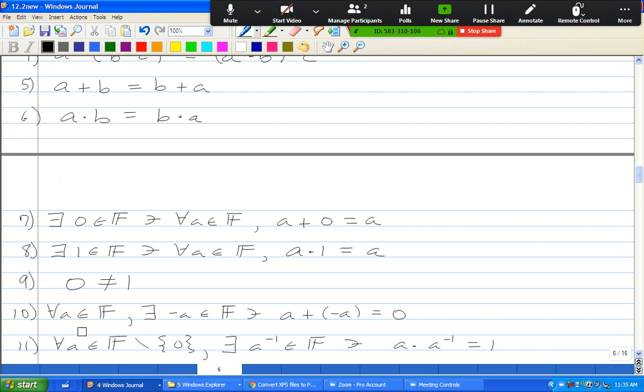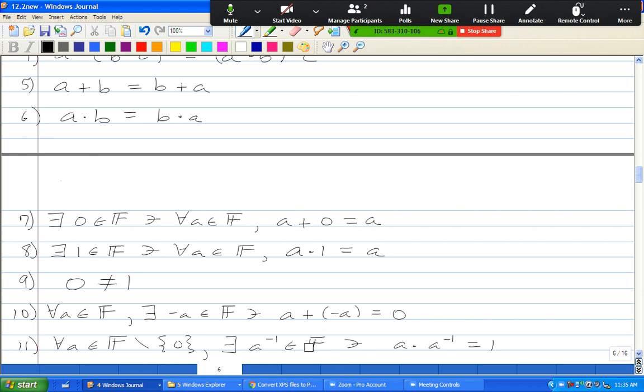Next, suppose that A is any non-zero member of your field. Then, again, there's this unary operator, the multiplicative inverse, the reciprocal. I'll denote the multiplicative inverse as A to the negative 1.